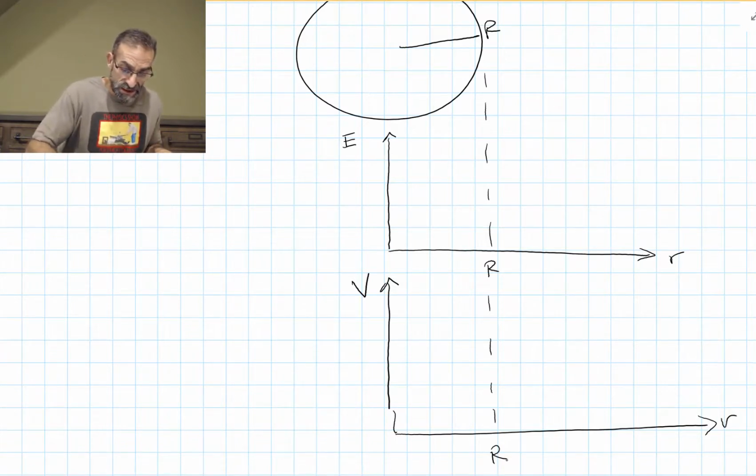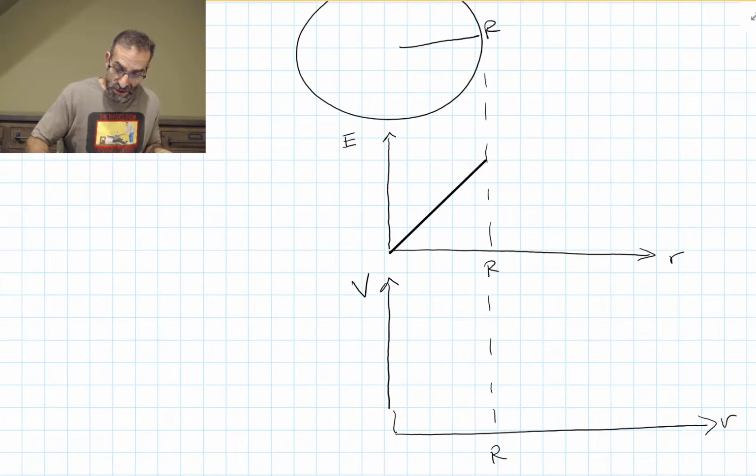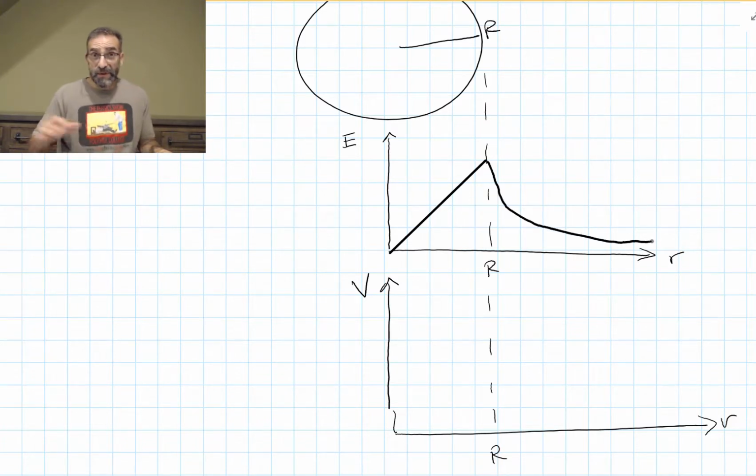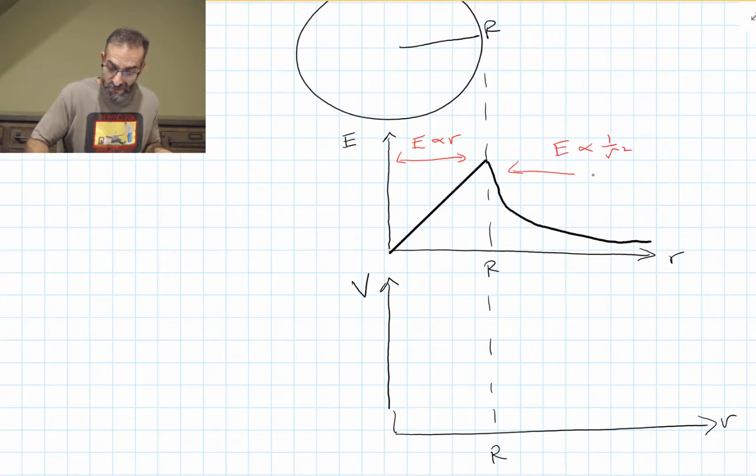The electric field starts at 0 and increases linearly until you get to the surface of the sphere, and then it drops off as 1 over r squared as you move away from the sphere. So the electric field inside is proportional to R, and the electric field outside is proportional to 1 over R squared.